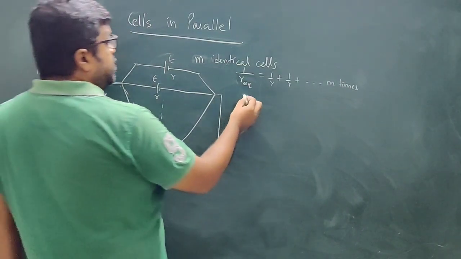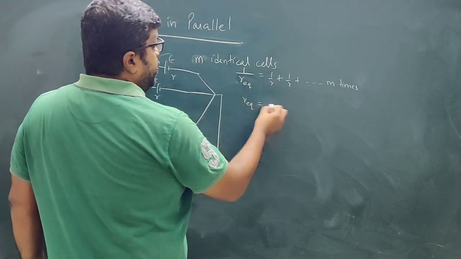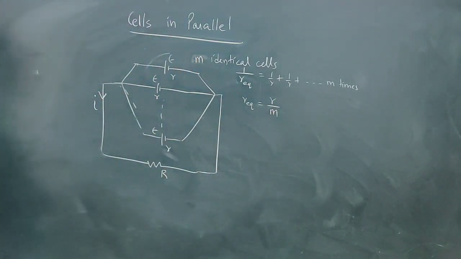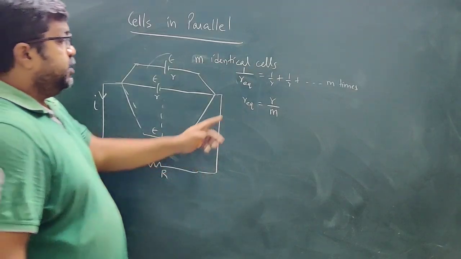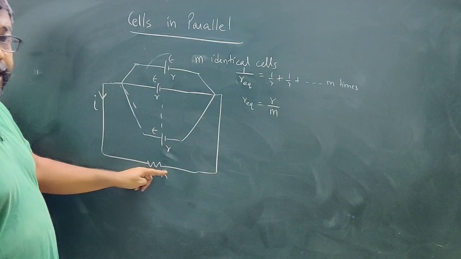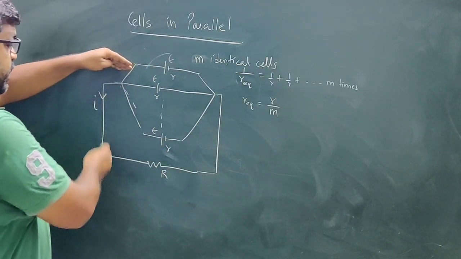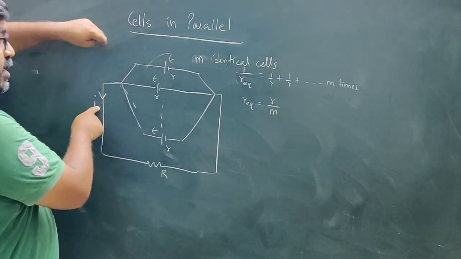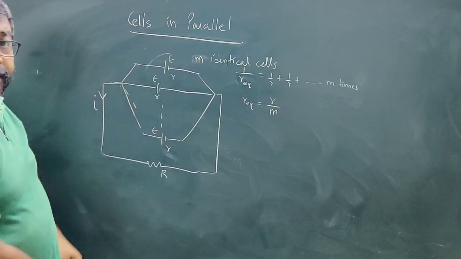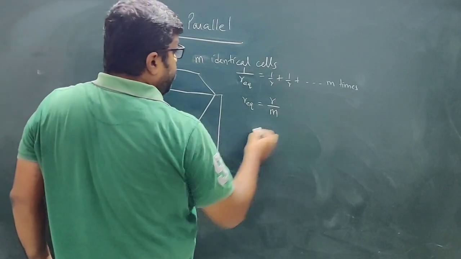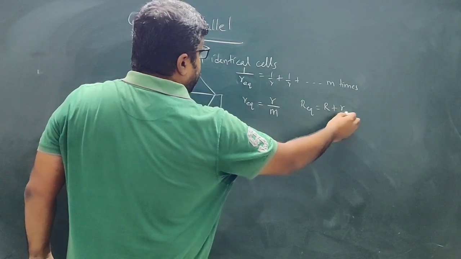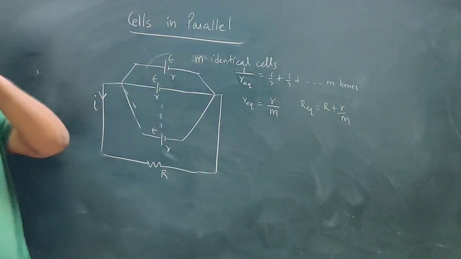So R equivalent is equal to R by M. Now this is connected to the external resistance R. The same current flows through this, so this combination is in series with it. So the total resistance will be R plus R by M.